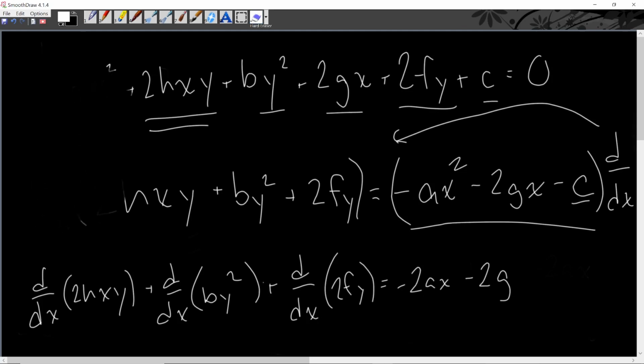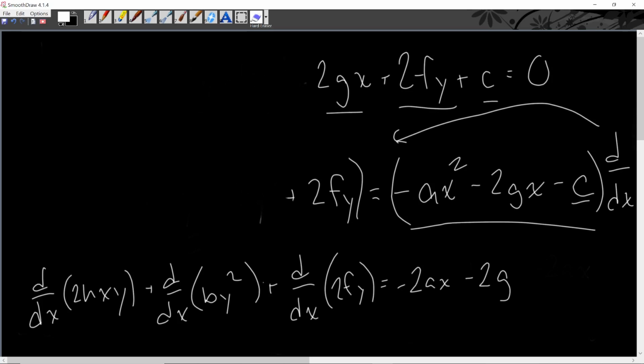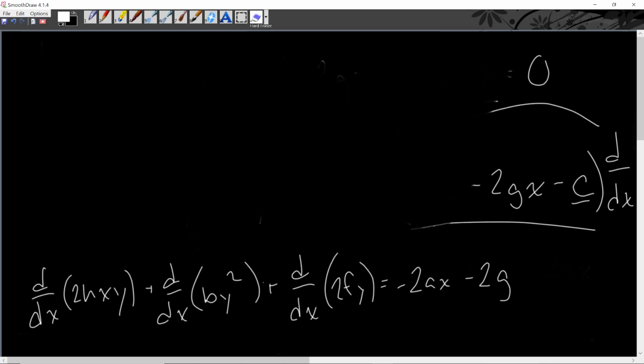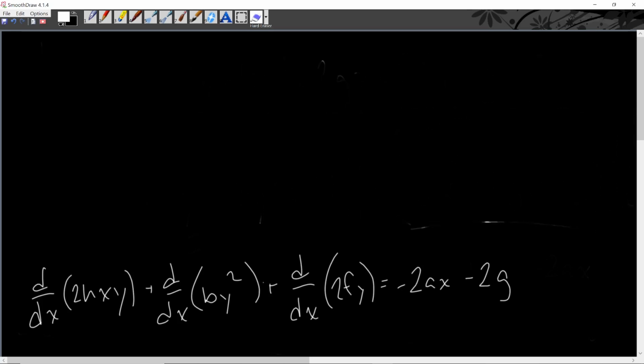If you want to follow along, then you can write this down if you'd like, but I think it's also beneficial to just kind of watch. So now we're going to have to implicitly differentiate and use product rule at the same time. Now again, 2h is a constant. If h equals 4, then we'd have 4xy.